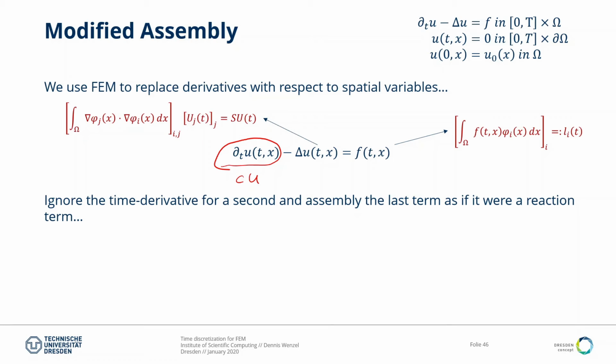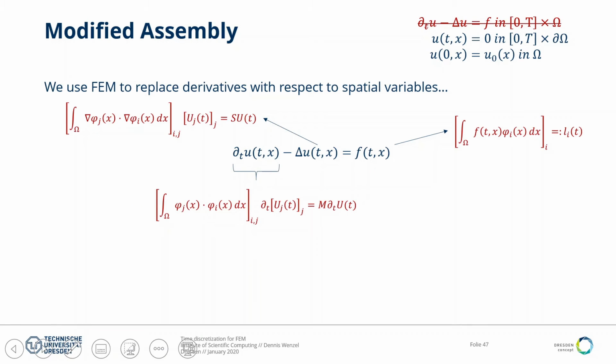So let's think about this partial derivative with respect to time as if it was just some operator. And then we can form this term here. That's exactly what you would get if you had your c in here, right? If you had c times u, then this is what you would get.